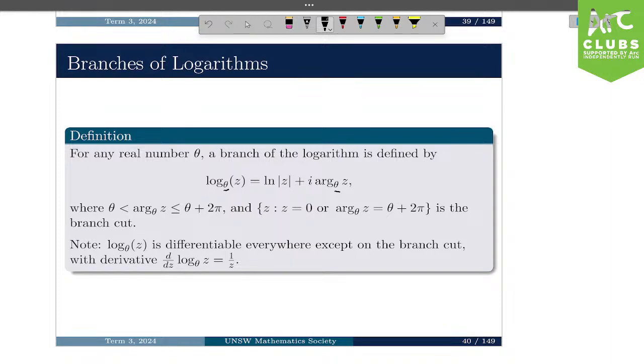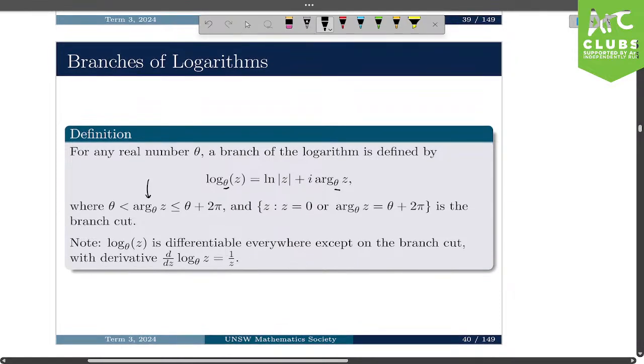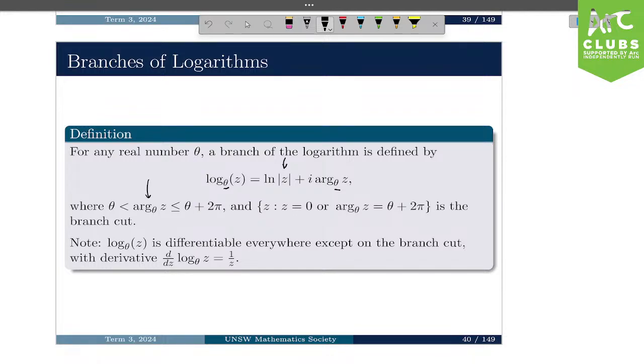And the way this is defined is that the theta branch of the argument of z is going to have to be strictly between theta and theta plus 2π, right? And the branch cut is going to occur either when z equals 0, obviously, because that would make this term undefined, or along that ray where arg is discontinuous, right? So that's when it's maximized, equaling theta plus 2π.